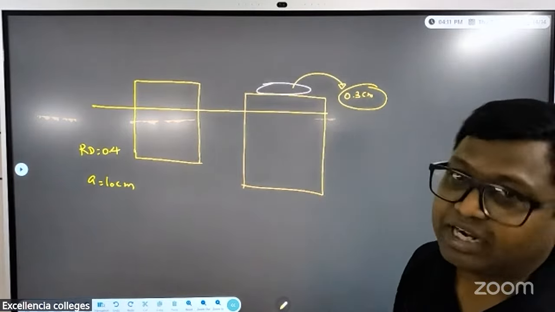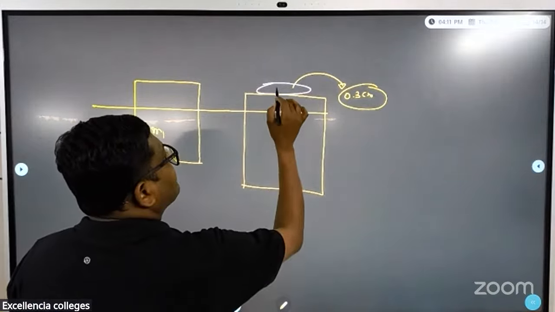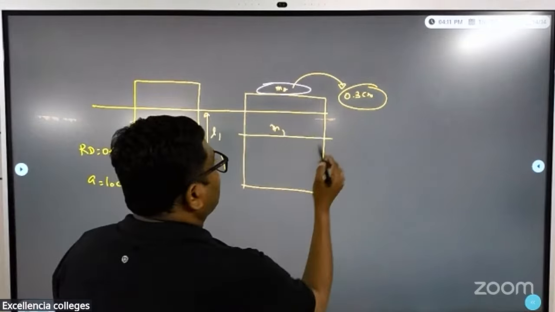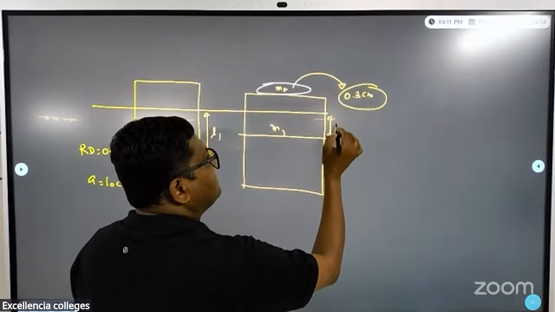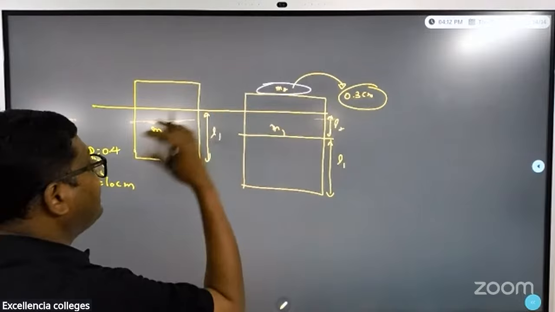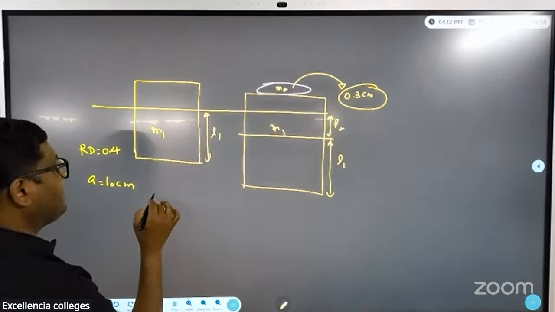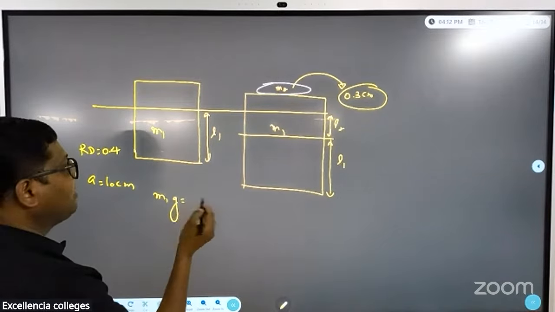So how do we calculate? Very simple. We have M1, this is M2, this is the original length L1. When you place the coin, the length L1 has an extra length L2 added. Now, for the first case, you can easily write an equation: M1 g equals the upthrust, which is the volume inside.